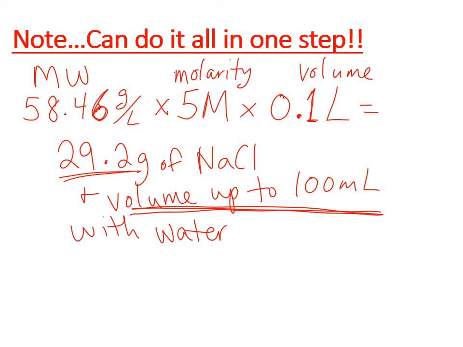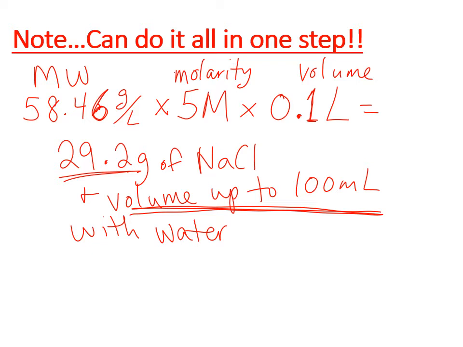So the calculation you did was to make a total 100 ml of solution. If you add 100 ml of water on top of the 29 grams of NaCl, you'll notice that your total volume is above 100 ml now.